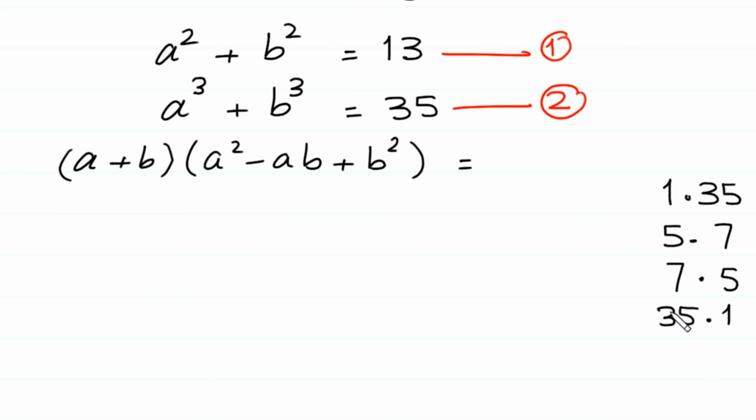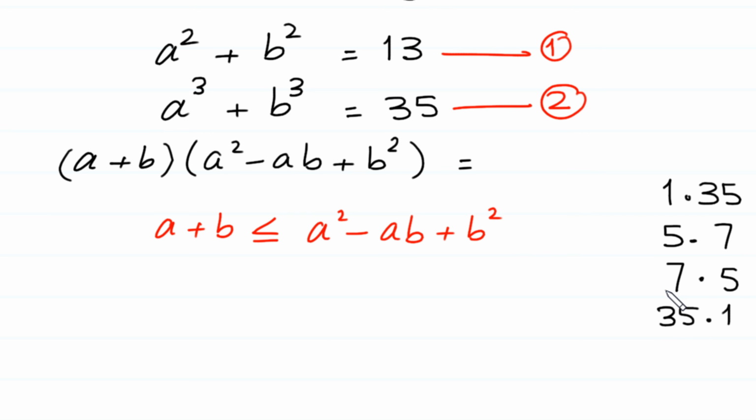We have 4 cases here, and if a and b are two positive integers, then a plus b is always smaller than or equal to a square minus ab plus b square.